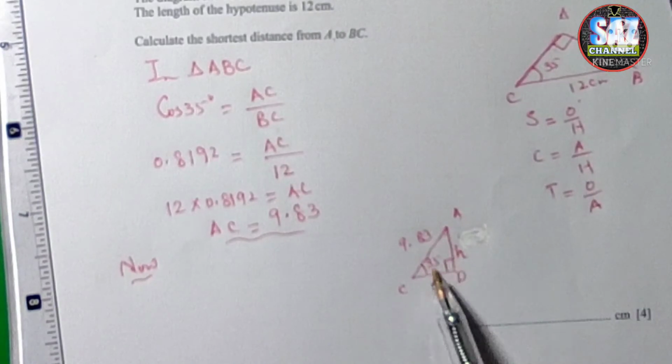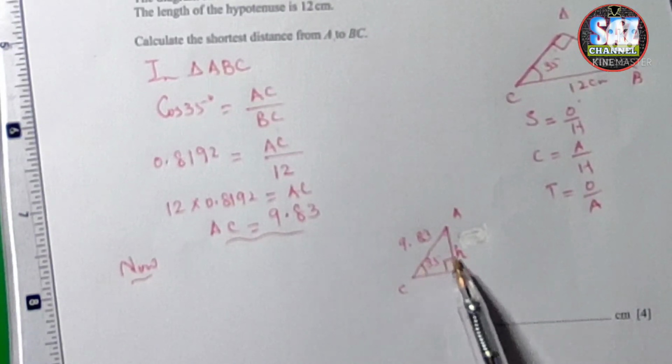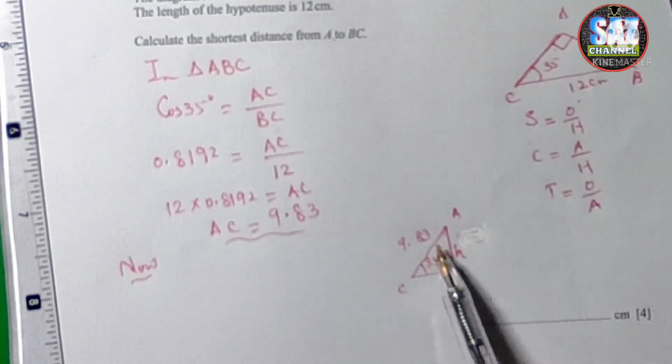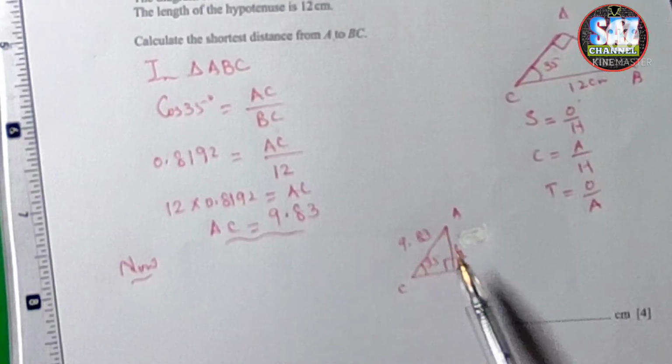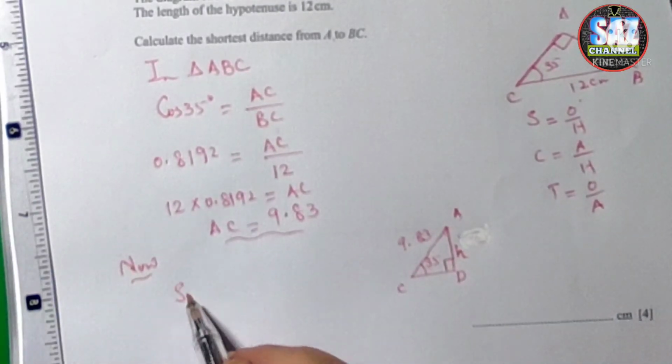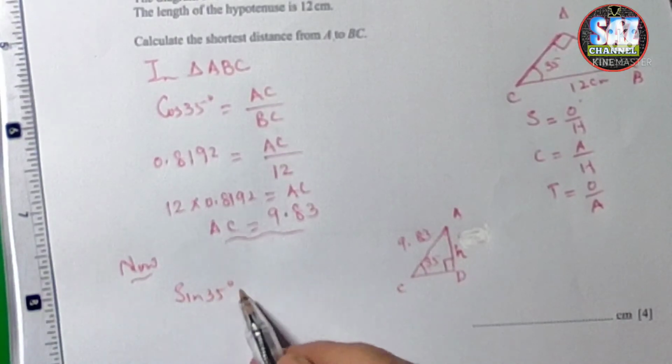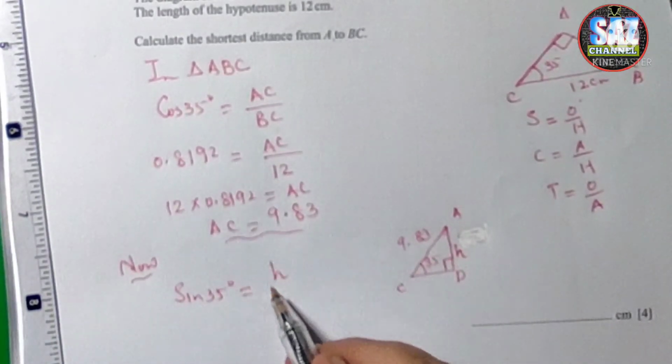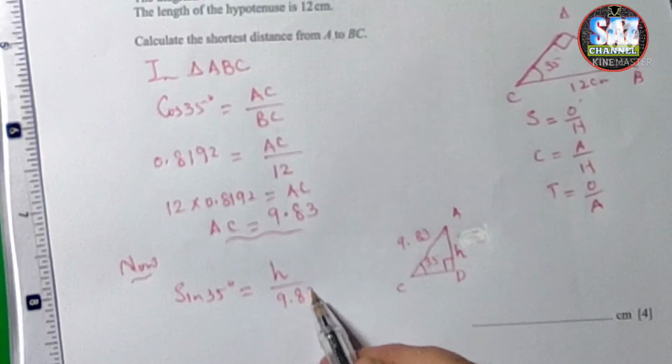Now again look, with reference to the 35 degree angle, H is opposite and 9.83 is the hypotenuse. So sine 35 degrees equals opposite upon hypotenuse.